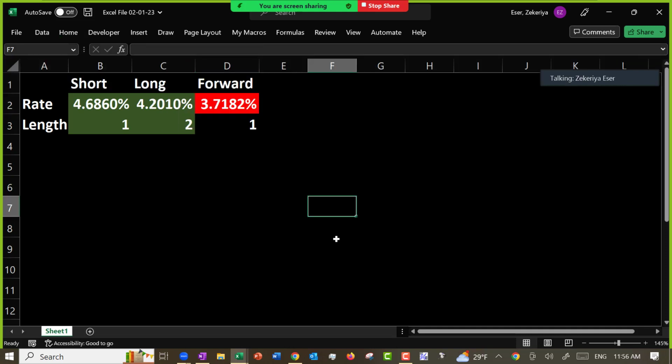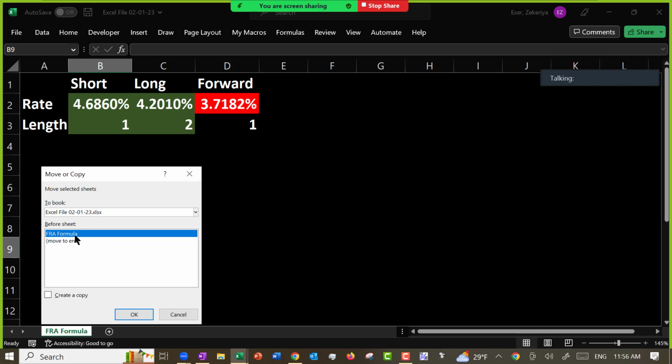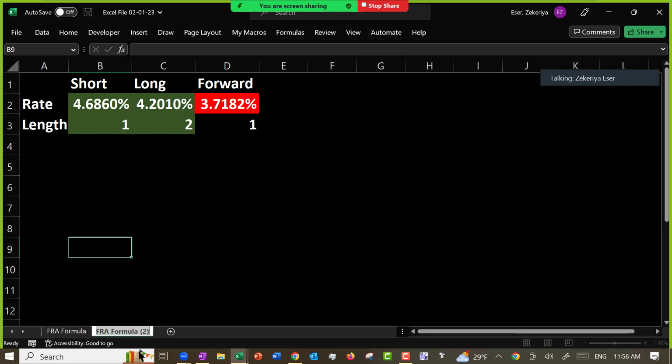There's an alternative way I'm going to do this. This is using the FRA formula. If you're not comfortable with formulas, you can do things with goal seek.